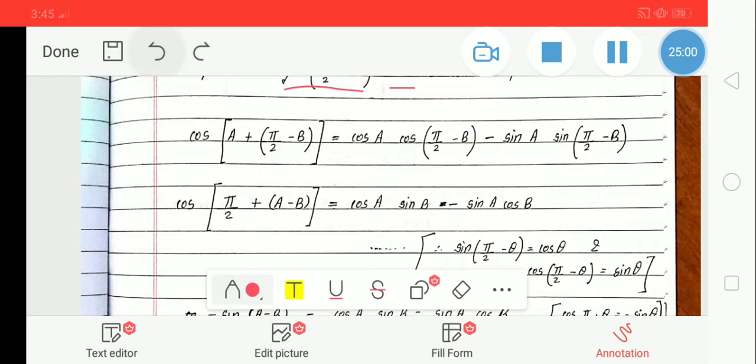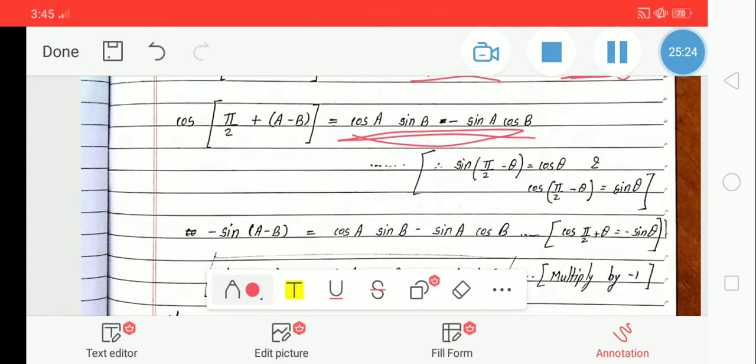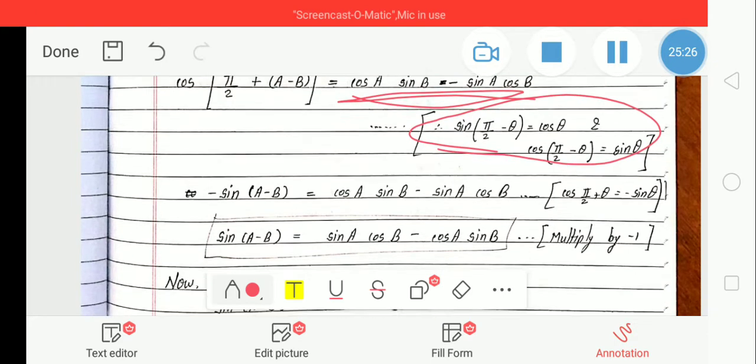But we have cos(pi by 2 minus theta) equal to sin theta, and sin(pi by 2 minus theta) equal to cos theta. We are studying this. Here theta is equal to B, so the values are sin B and cos B, and we put them in using this formula.